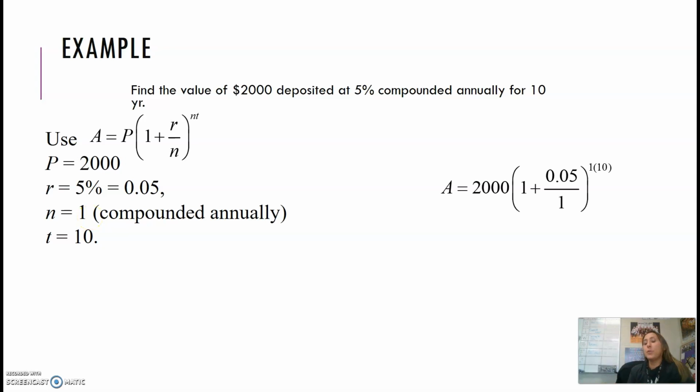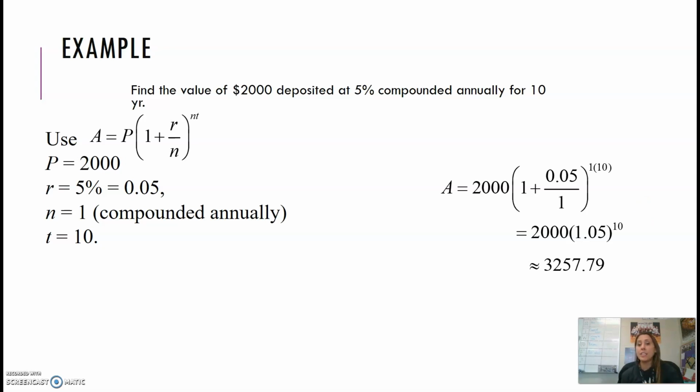The best way to do this, especially in our calculators, is to figure out what is 1 plus 0.05 over 1. Well, that's just going to be 2,000 times 1.05 to the 10th power, because 1 times 10 is 10. Then we're just going to plug that into our calculator, and we're going to get roughly about 3,257.79.